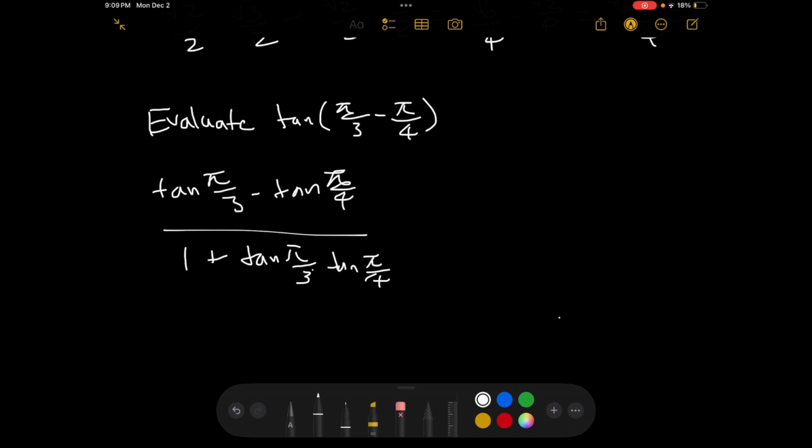I don't have any values of tangent memorized other than pi over 4 because sine and cosine are the same for this value. So now let's take a look at the unit circle.